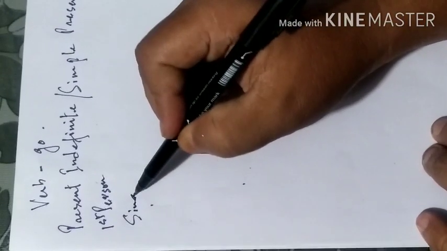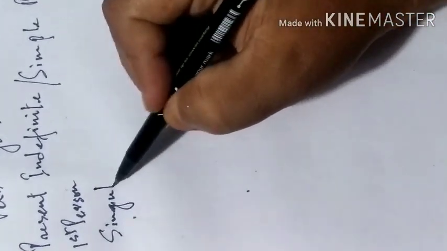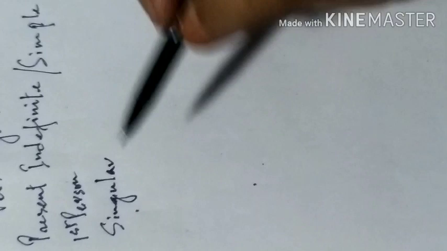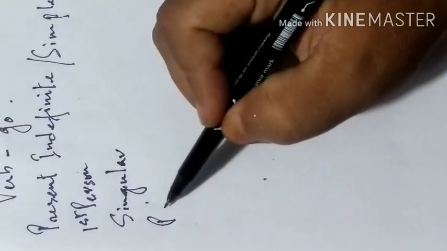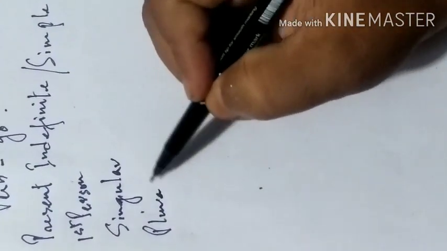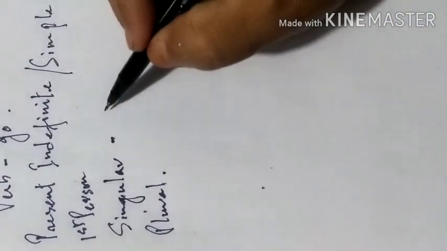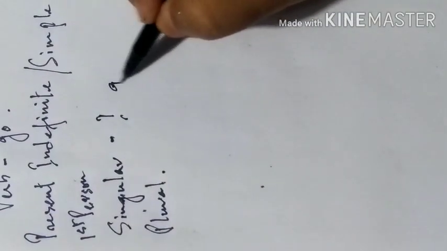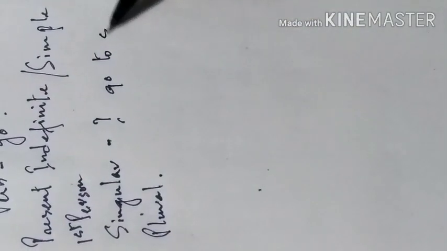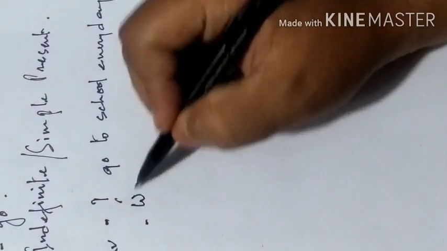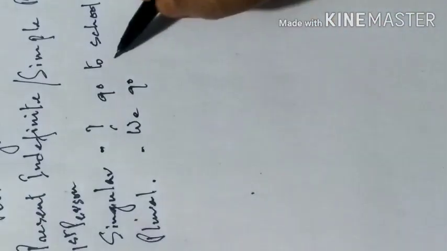First person can again be divided into singular and plural aspect. Okay, so in the singular aspect, we'll use the verb go to make a sentence. I go to school every day.